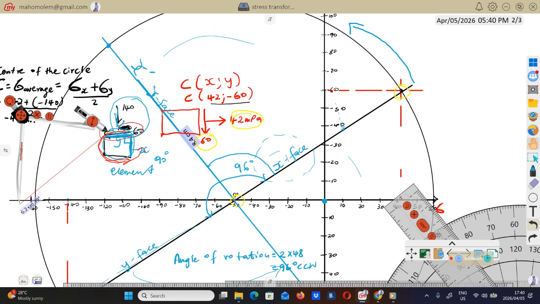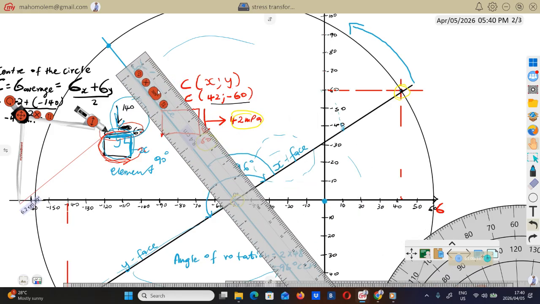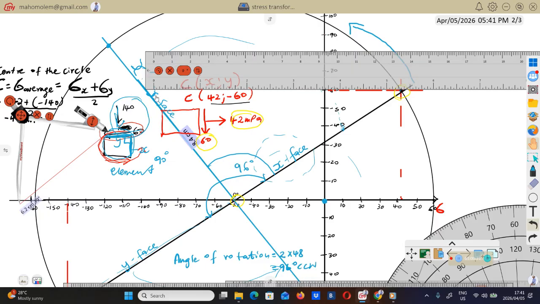I don't know, you can approach it or we can measure it differently. So you'll take your ruler like this.